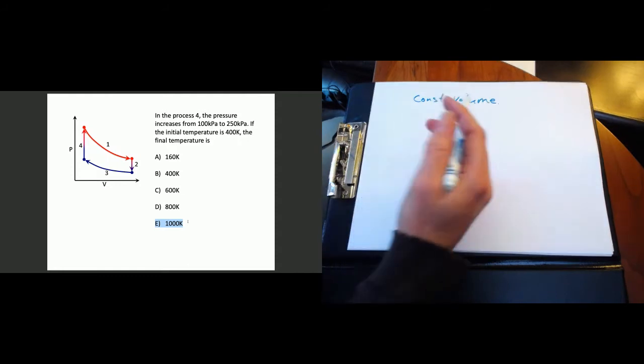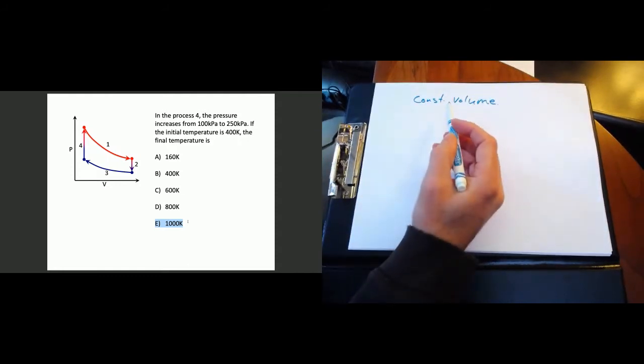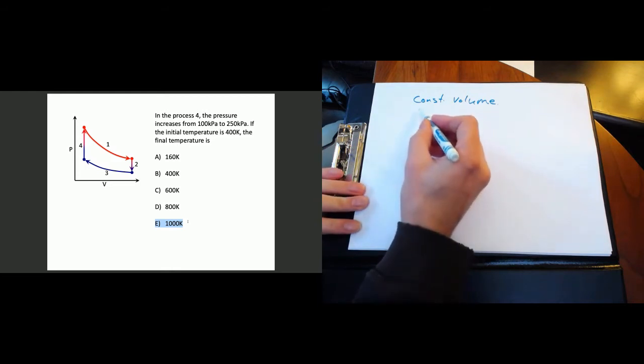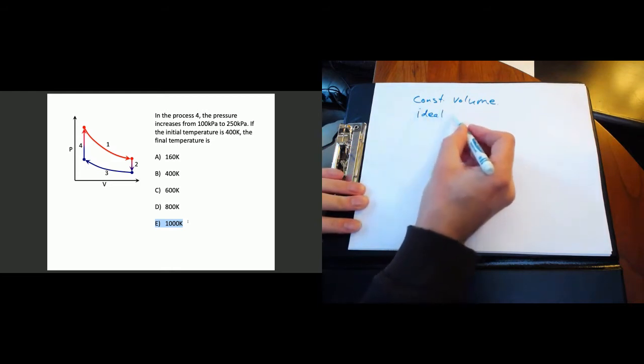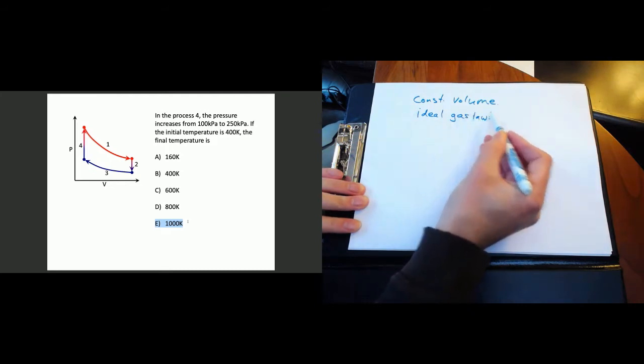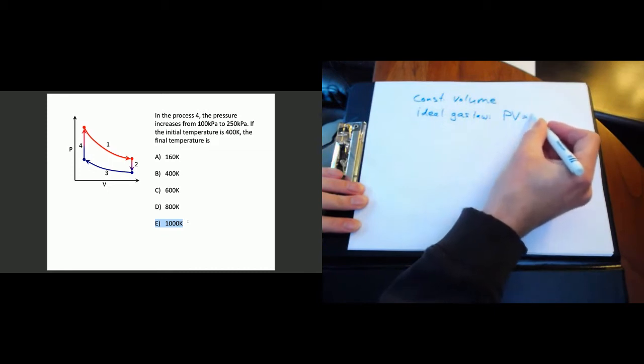So let's remember how we derive this proportionality between pressure and temperature. And I'll do it in terms of the ideal gas law, which we didn't really have early on when we were talking about this. So the ideal gas law says that PV equals nRT.